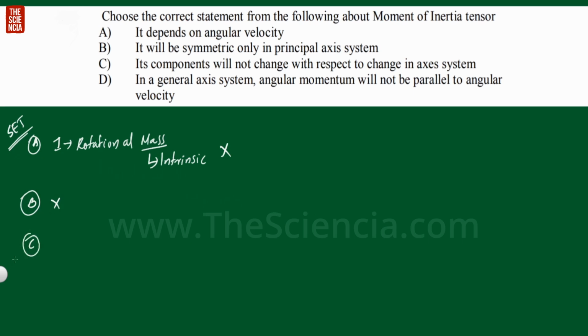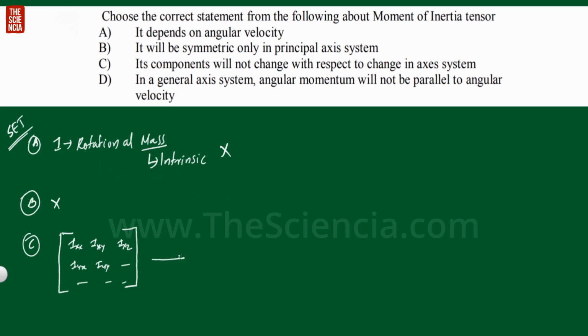Third option, its component will not change with respect to change in axis system. I think you know, first we took a general coordinate system, that is Ixx, Ixy, Ixz components, and all other components are there. Iyx component is there, Iyy component is there, and all these components are there.